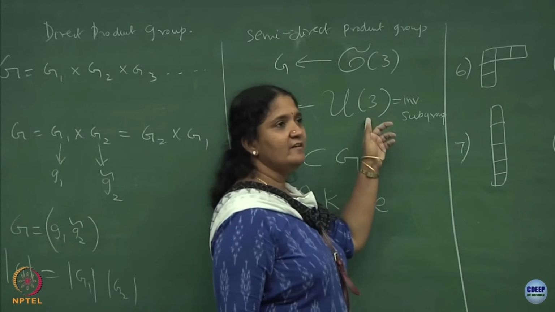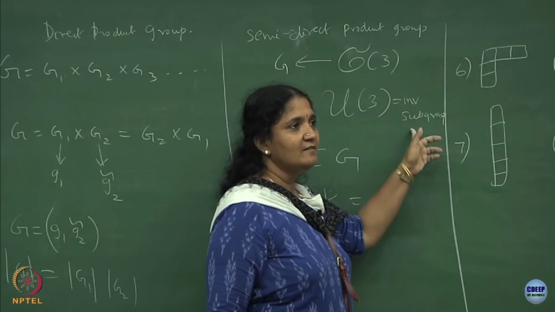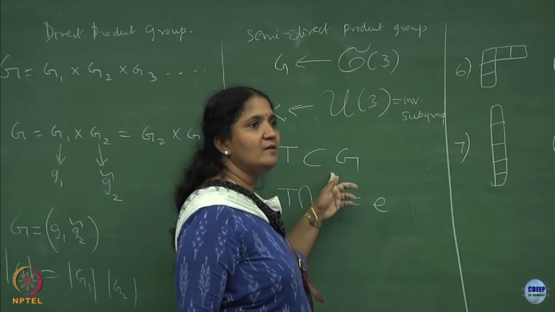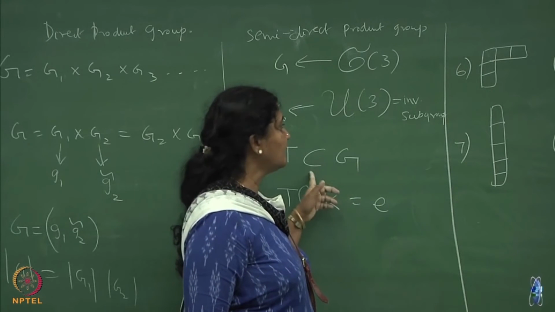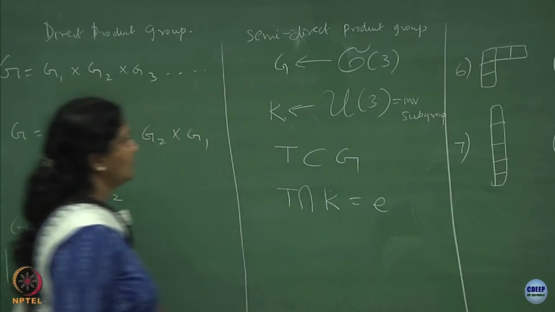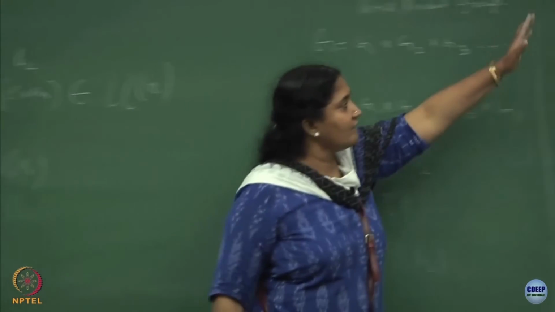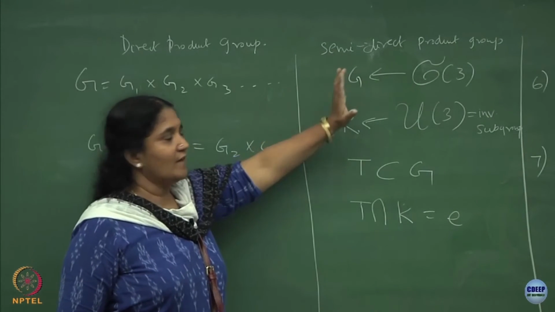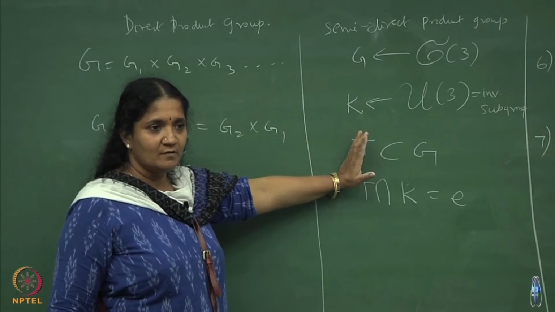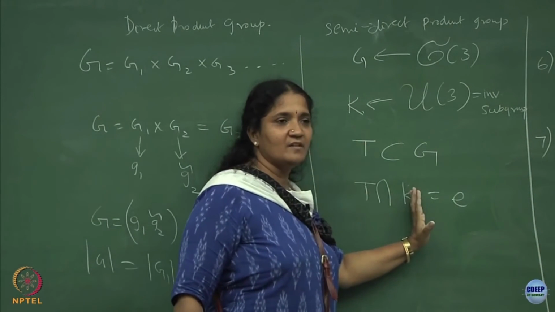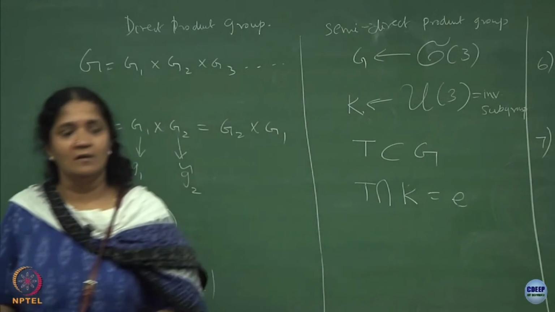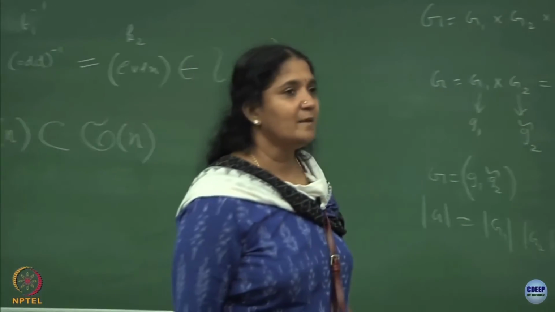The alternating group has identity, a 3 cycle and the inverse of the 3 cycle, and here you can say that it is the identity and 1 transposition. The intersection between those two will only be the identity element. So, if you have these properties in an abstract fashion, if you have a group G, if it has an invariant subgroup and you have another subgroup whose intersection with this invariant subgroup is only the identity element, then we call the group G a semi-direct product.